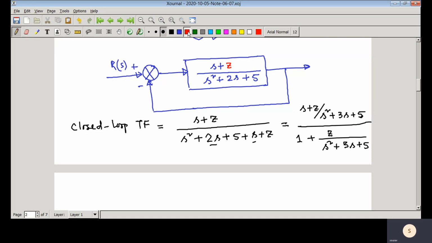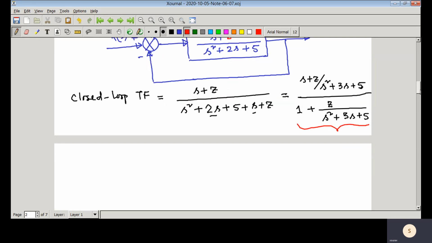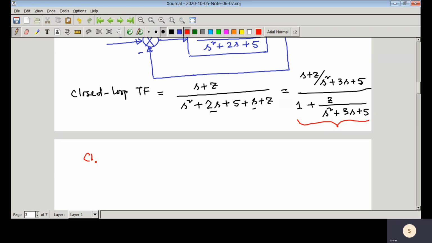So now we can see that this is the characteristic equation: 1 plus z into 1 by (s square plus 3s plus 5) equal to 0.